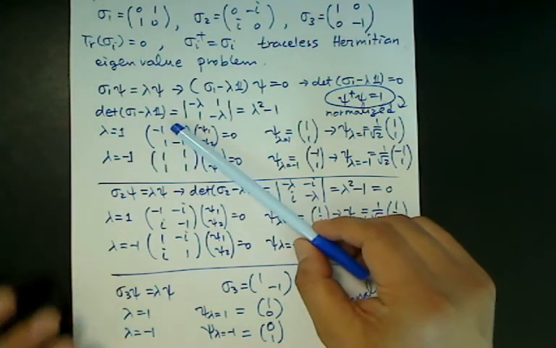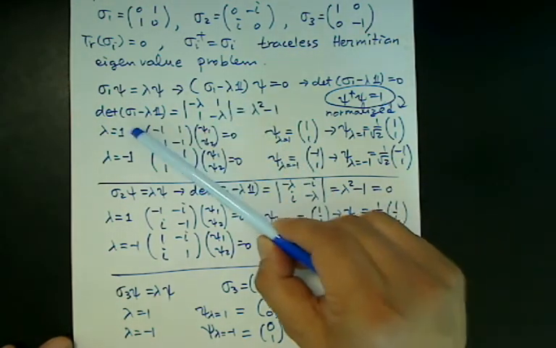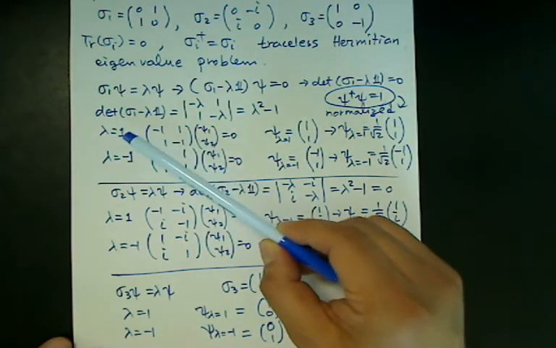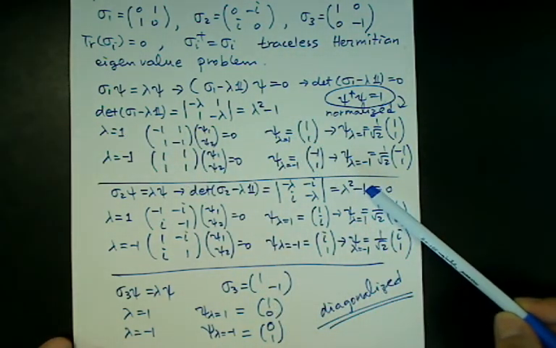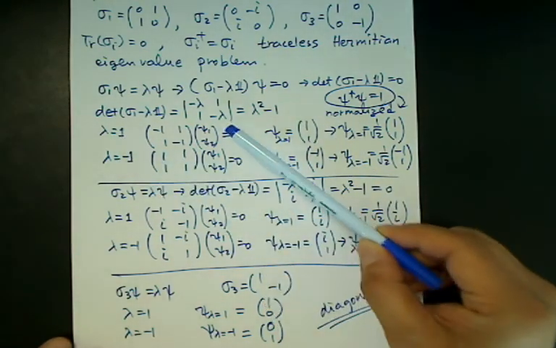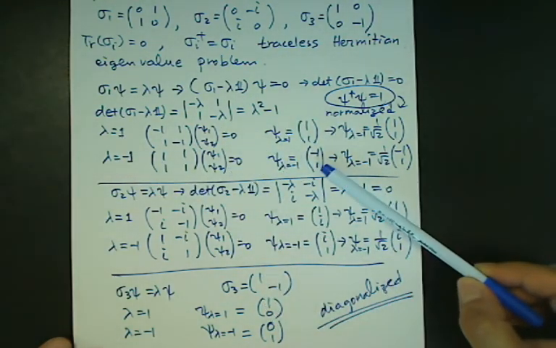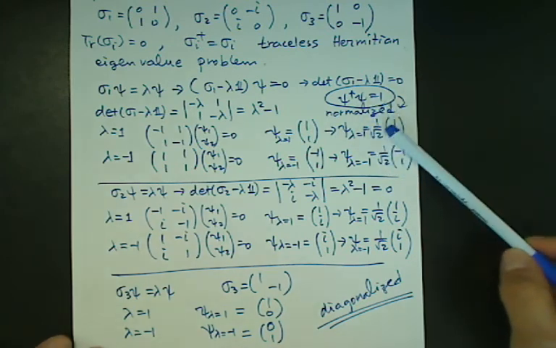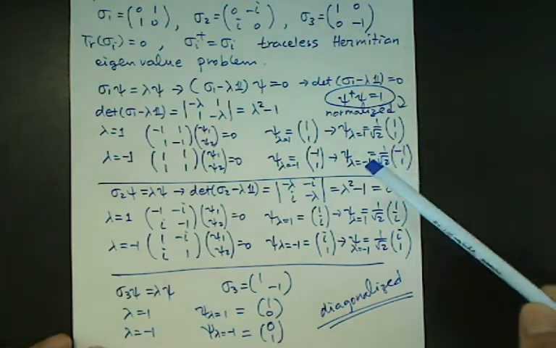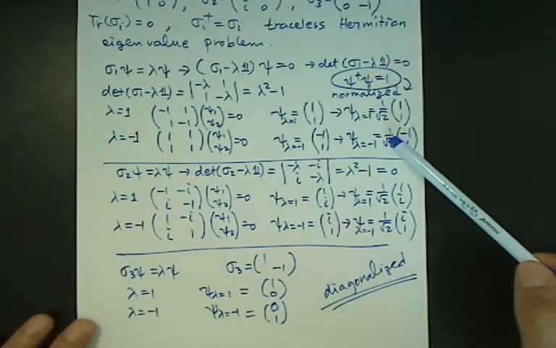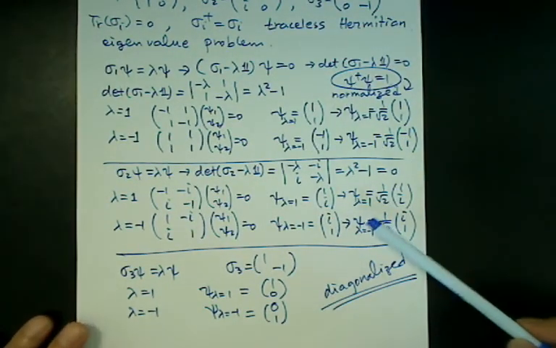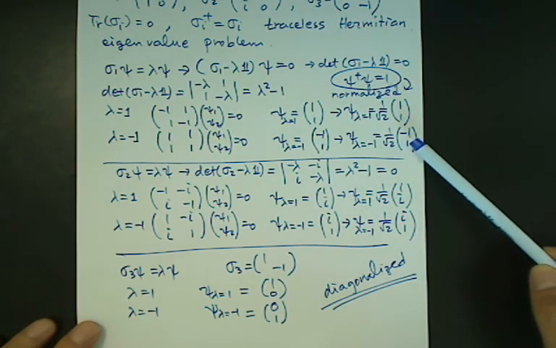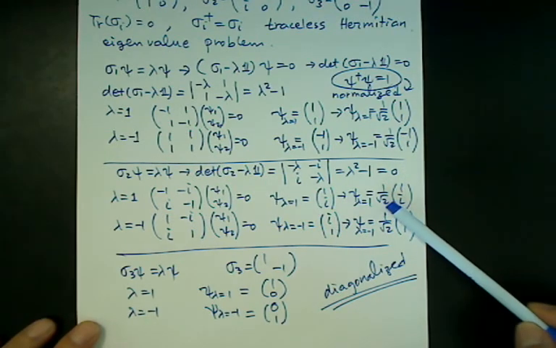That can be obtained by solving the secular equations to find the identical eigenvalues. Once you know the eigenvalues, you can construct the eigenvectors and we normalize them to unit normalization. Finally, you can find each eigenvector. They are all orthogonal to each other.